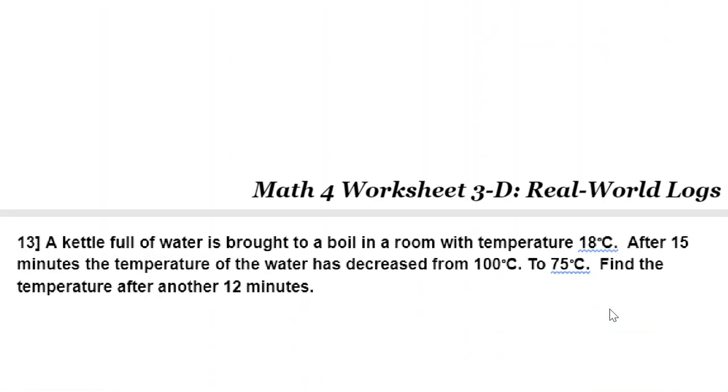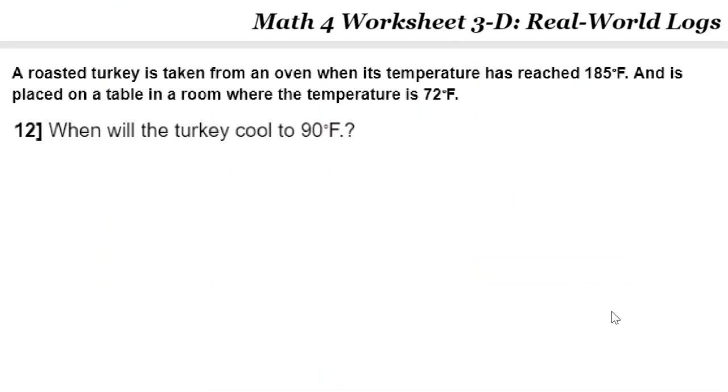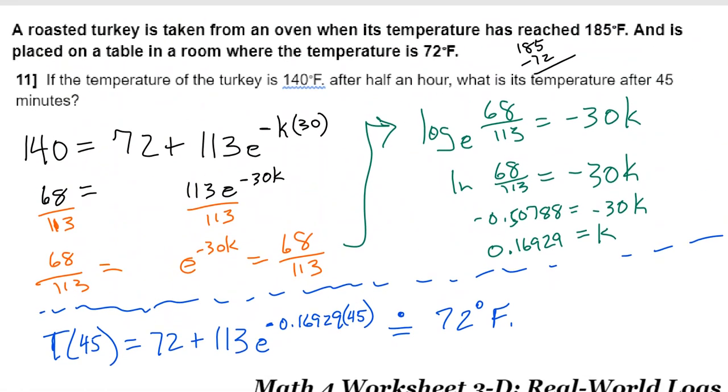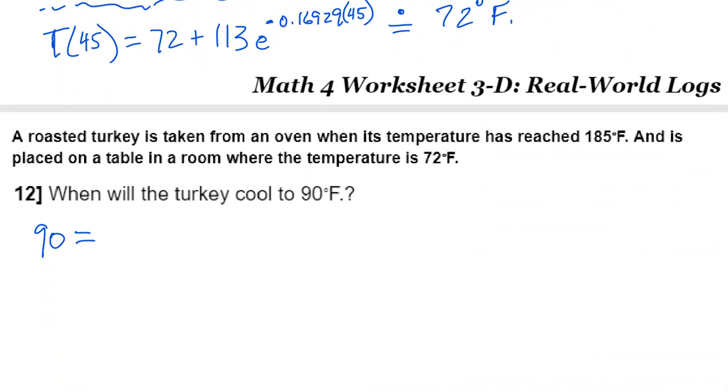All right, when will the turkey cool to 90? So 90 equals, and we'll borrow the rest of that, 72 and 113.